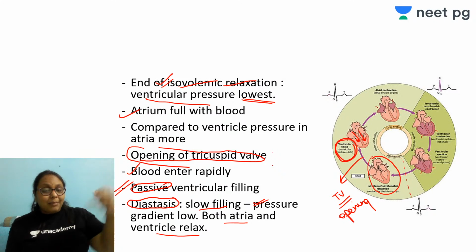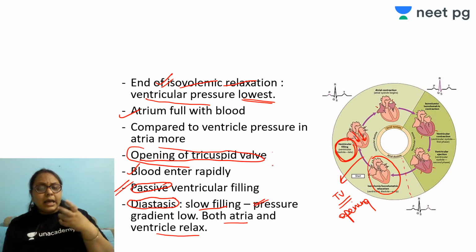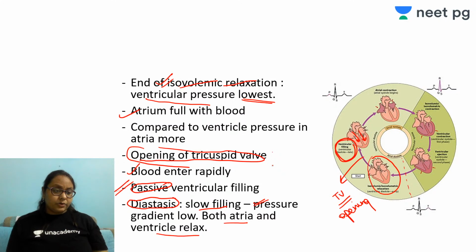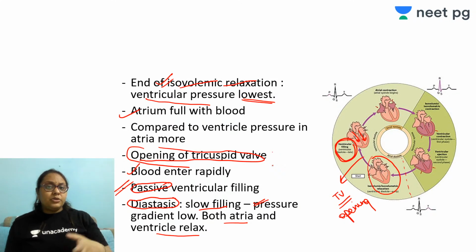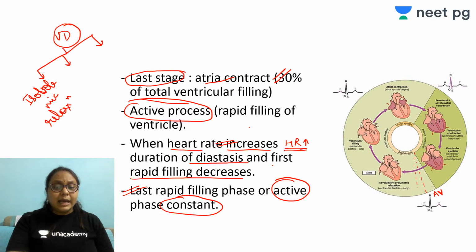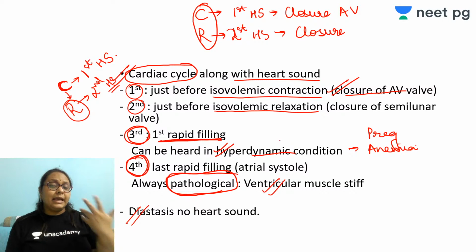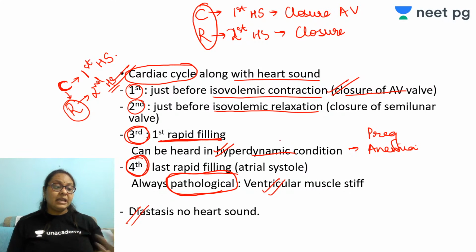Wherever there is a gush of blood flow, that will cause a sound, and that is the third heart sound, because of the gush of blood flowing from the atria to the ventricle. It is mostly seen in hyperdynamic circulation, like in cases when we are doing exercise, or pregnancy, or anemia.